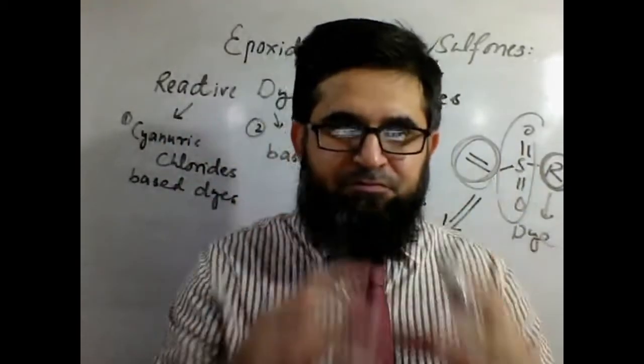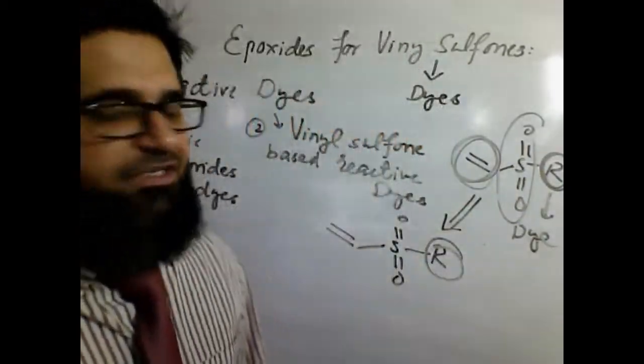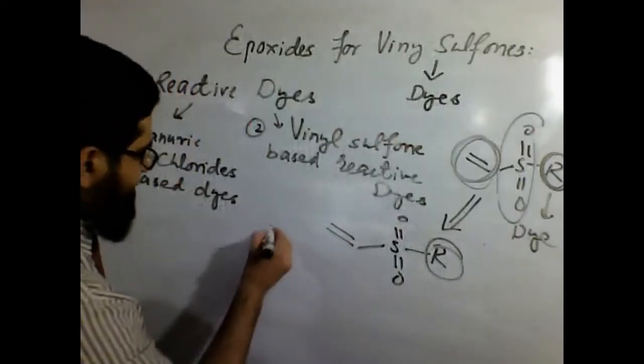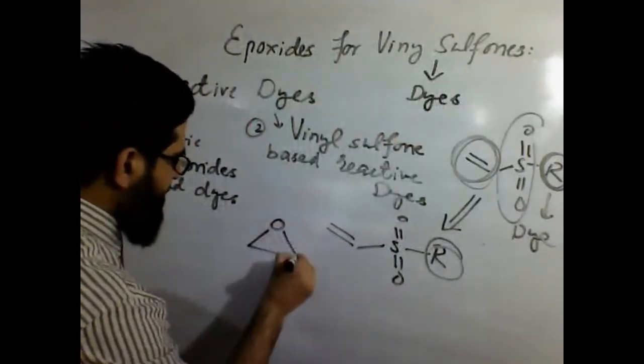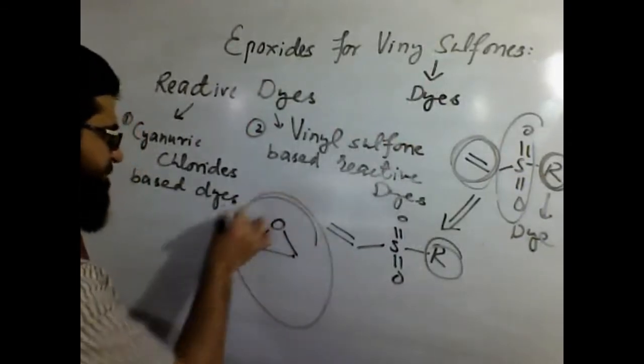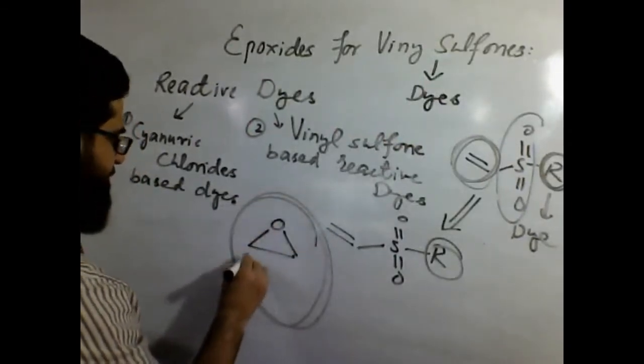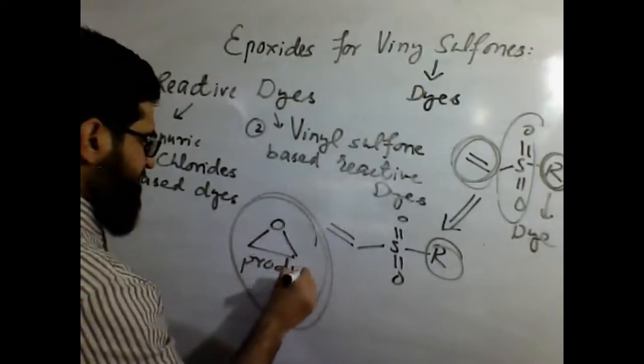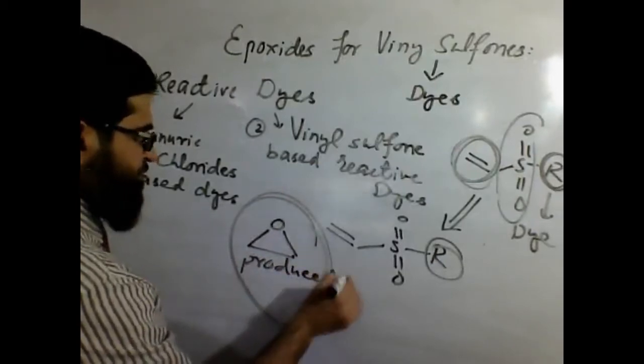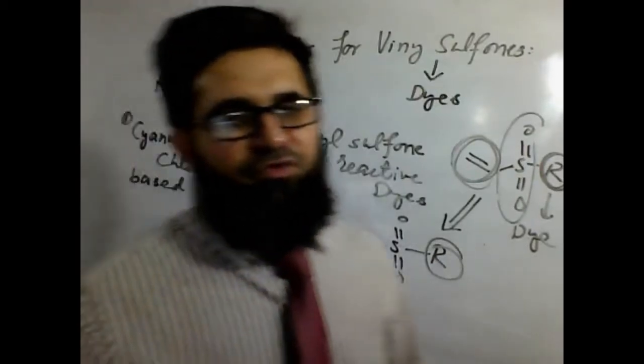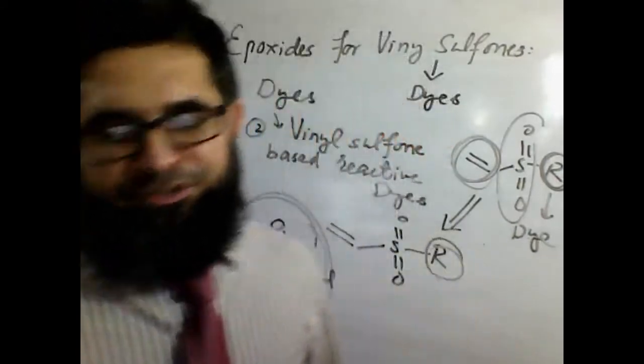So this is how the vinyl groups are generated. As I've just explained, they are produced from epoxide. So how are the epoxides produced, so that they can be used for the preparation of vinyl sulfones? This is what I'm going to explain today.